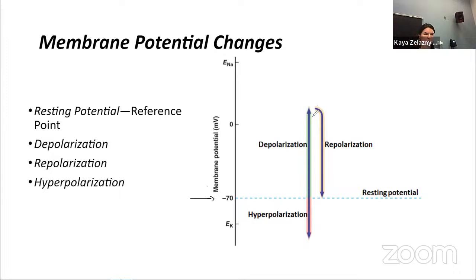So depolarization is going up, and we talked about that as being excitatory, right? So we'll sometimes refer to it that way when we're referring to signaling to the next cell. This brings us closer to our equilibrium potential for sodium, right? So we said that was like +60.